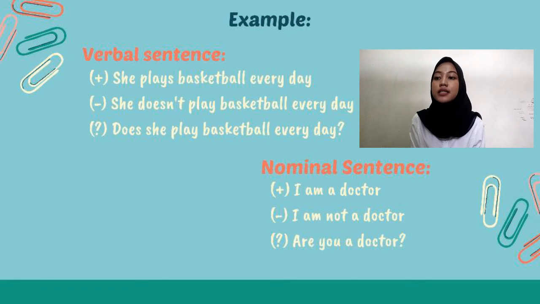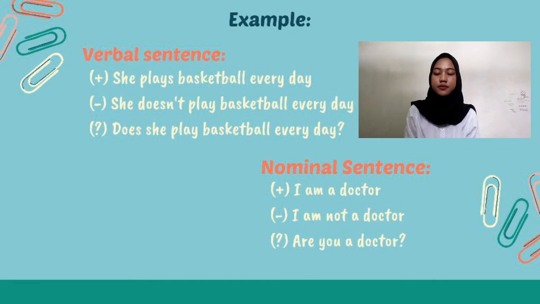She doesn't play basketball every day. Because the subject is she, we use doesn't or does not. And then the interrogative sentence, does she play basketball every day? Same with the negative sentence, we use does because the subject is she.